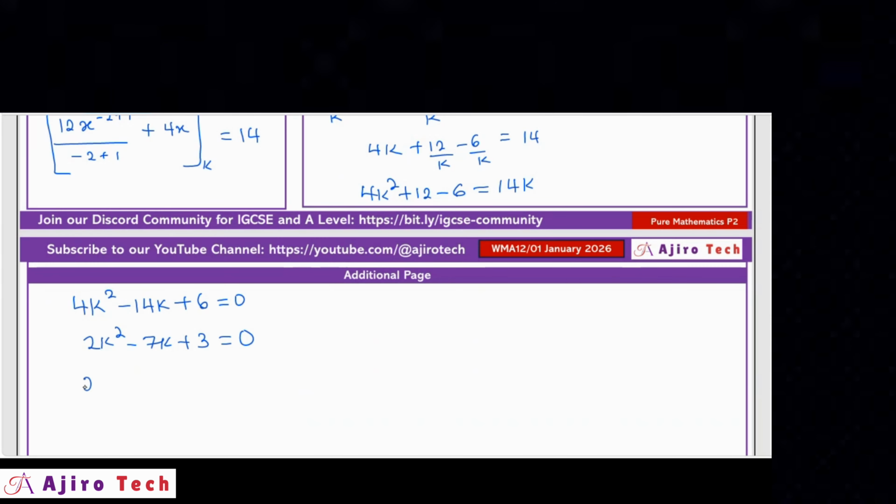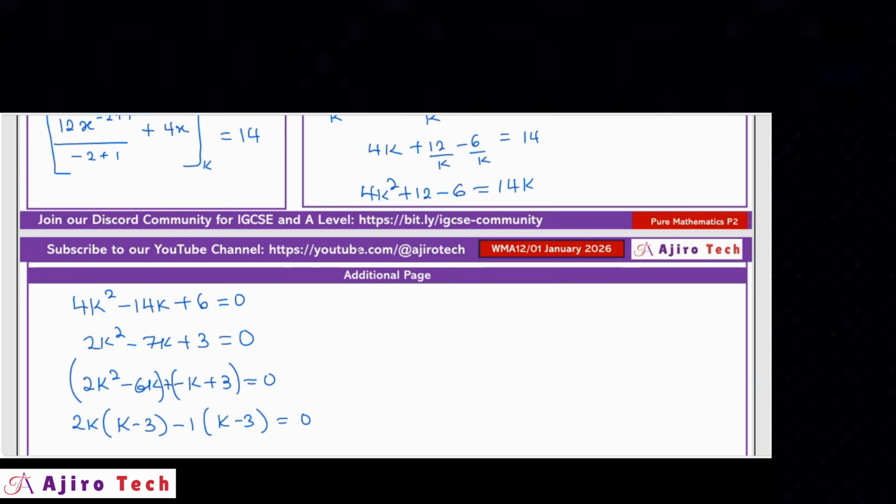So we have 2k squared minus 6k minus k plus 3 equals 0. Let's group them. We factorize each group: 2k into k minus 3, then minus 1 into k minus 3 equals 0.